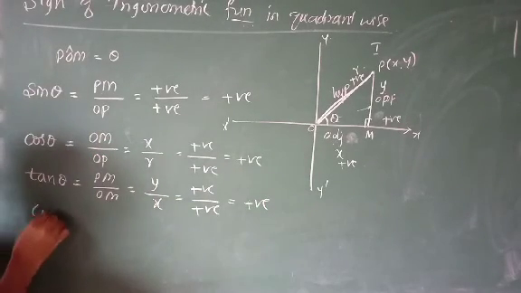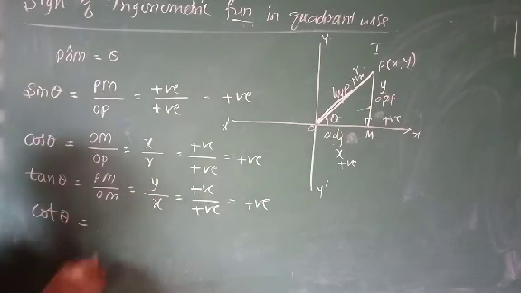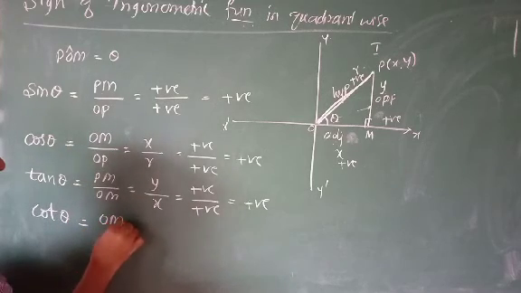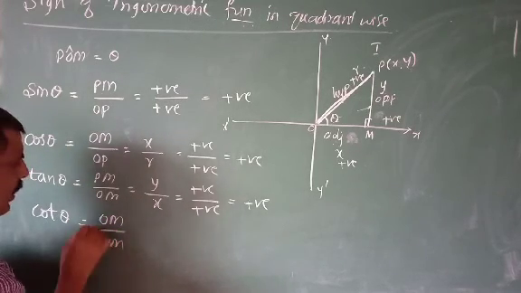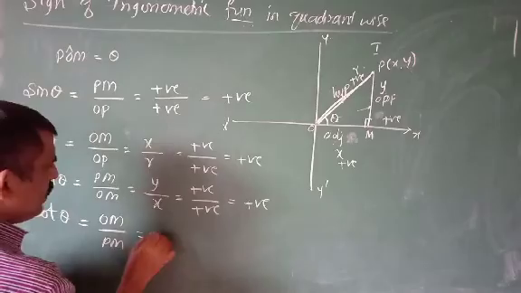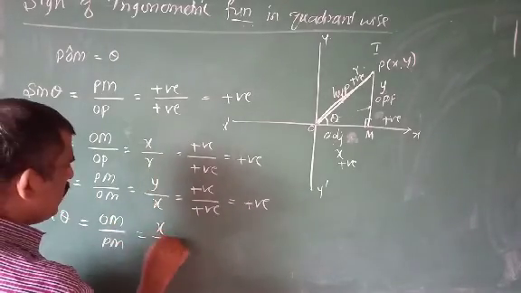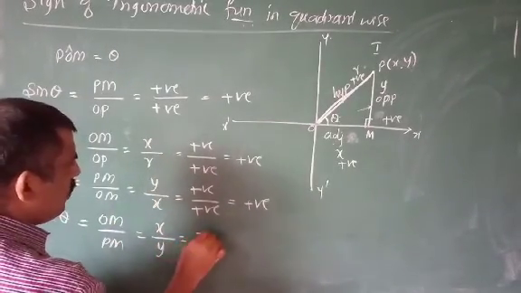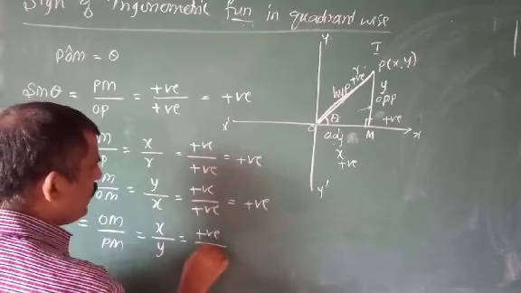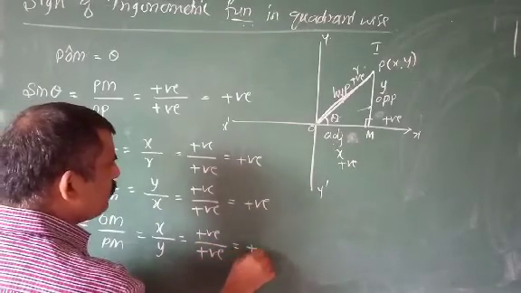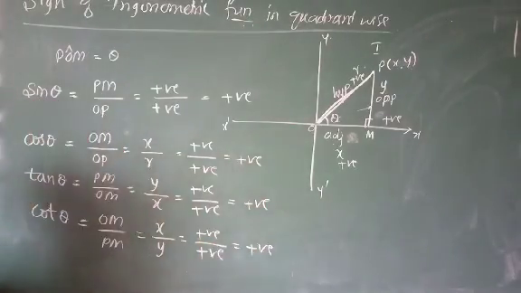Next is cot theta, which is OM divided by PM. OM is equal to x divided by y. x is positive, y is also positive, so positive divided by positive is positive.